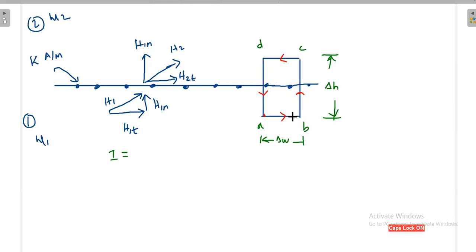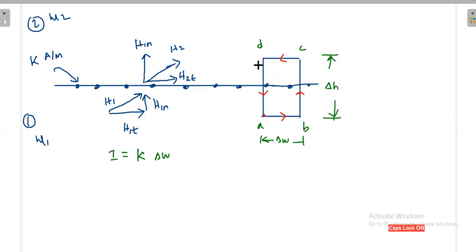If you increase the height, there will be no change in the current, but if you increase the width, there will be. So the current is simply the surface current density into del W. K's unit is ampere per meter and del W is in meters; the meters cancel, and finally you get ampere.